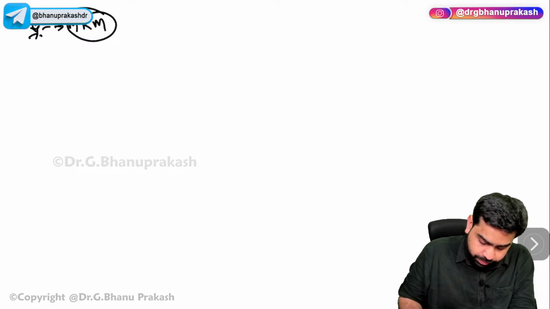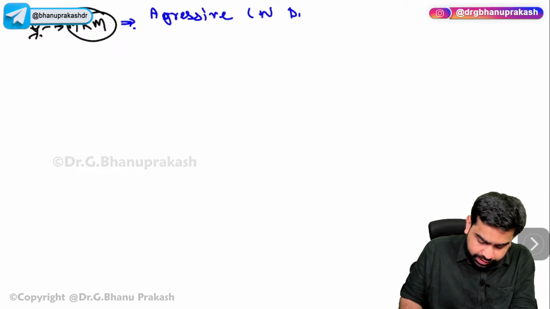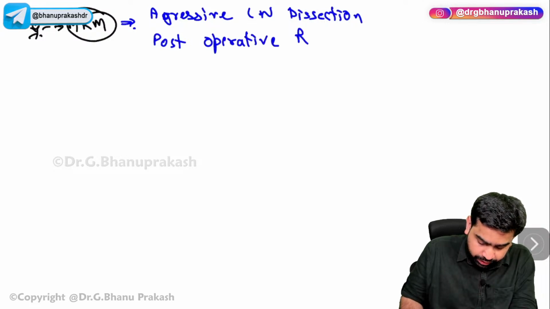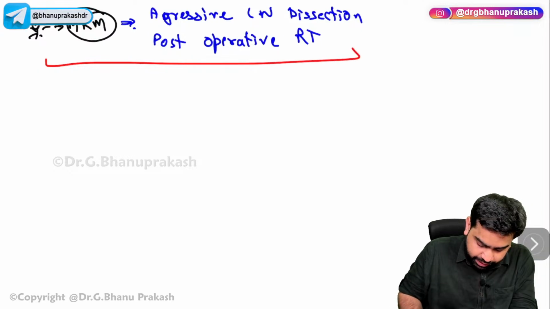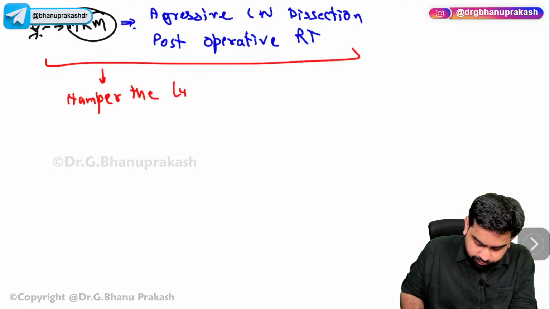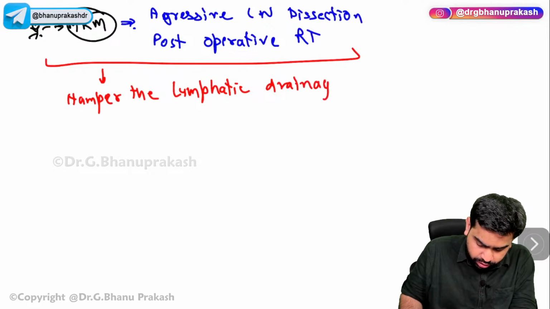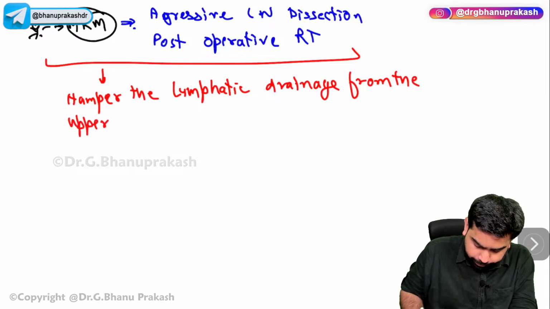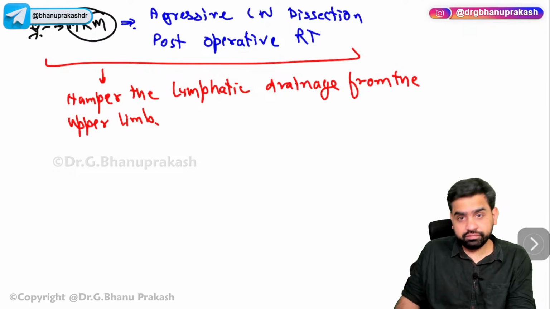Once the patient has been subjected to a modified radical mastectomy, and let's say there has been an aggressive lymph node dissection, or there has been post-operative radiotherapy, all these things can hamper the lymphatic drainage from the upper limb.